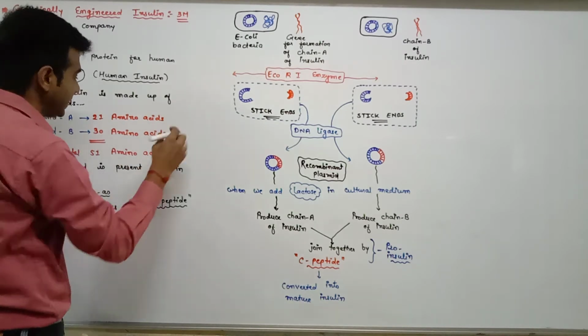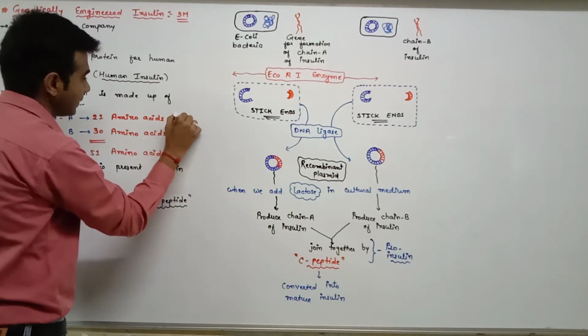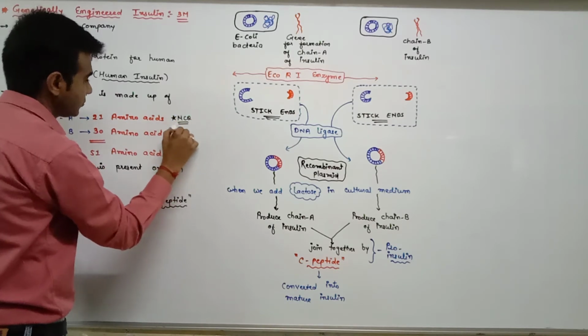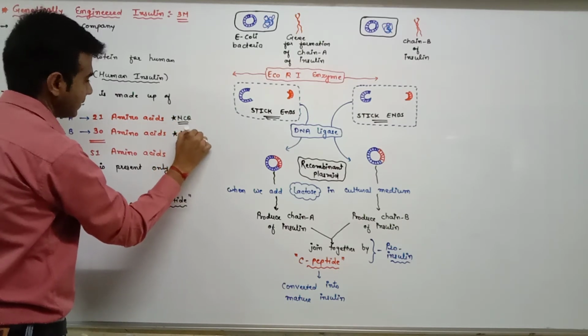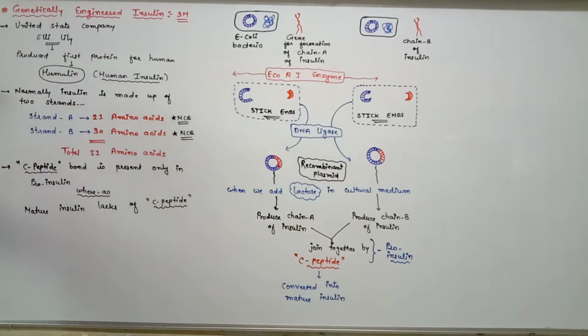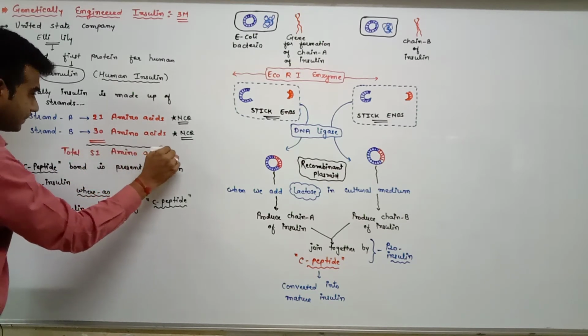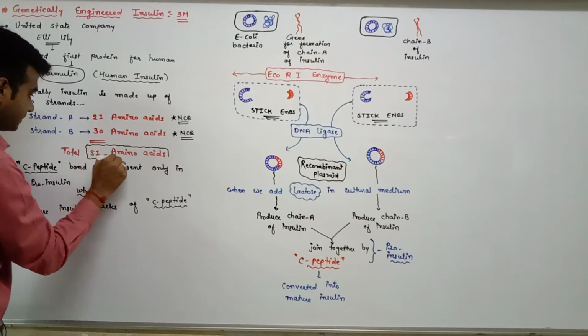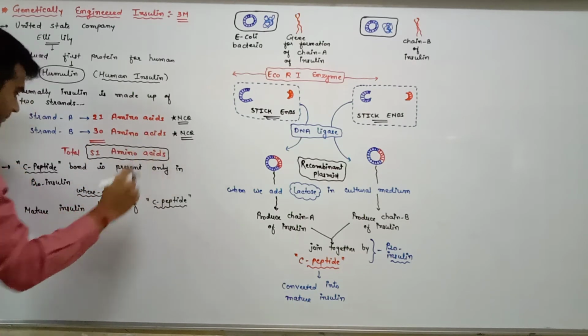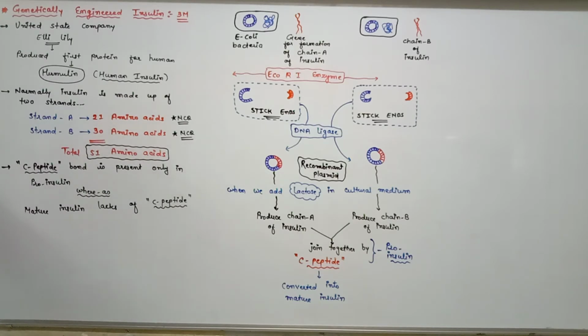Strand A consists of 21 amino acids and strand B consists of 30 amino acids. So a total of 51 amino acids are present in mature insulin. Okay, so this is about genetically engineered insulin. For a 3-mark question, you have to explain this much.